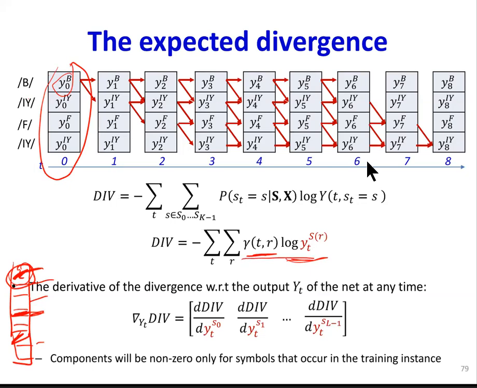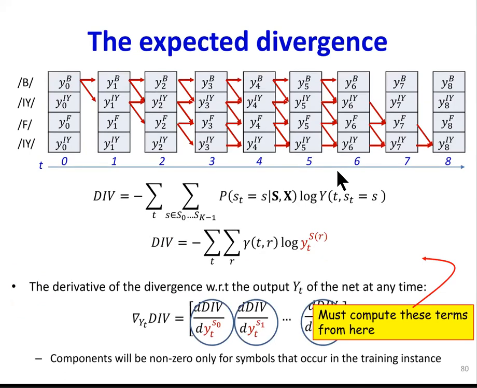So when I take the derivative of this divergence with respect to this YT, it must come from this formula at each time.